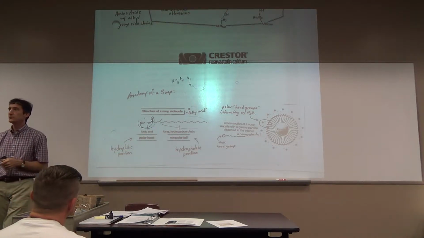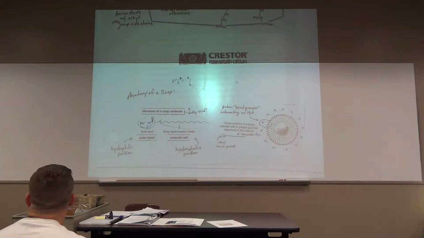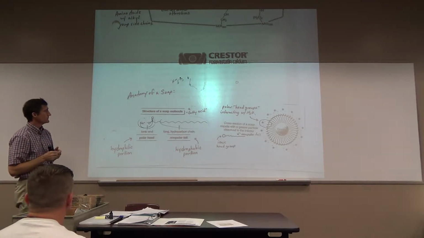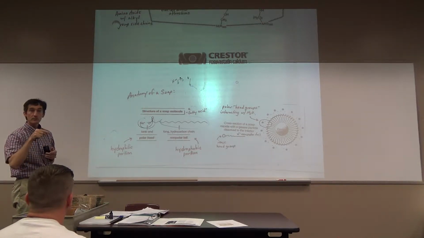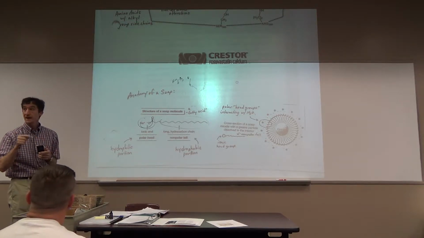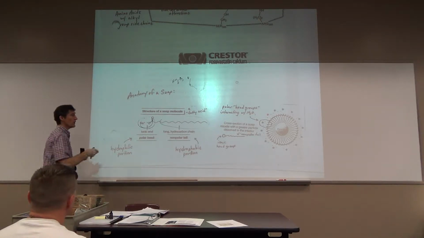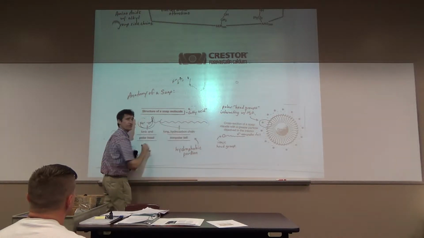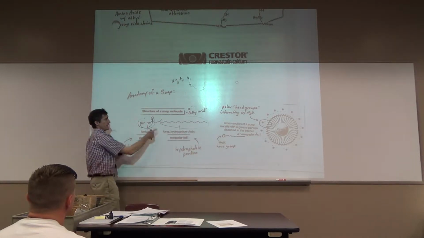If you ever look at your shampoo, next time you take a bath, it'll say something like sodium myristate or sodium palmitate. These are all long fatty acids. Hydrocarbon is often called fatty.